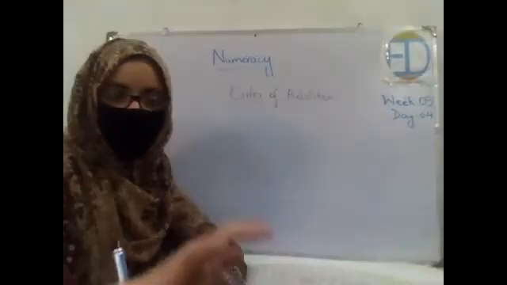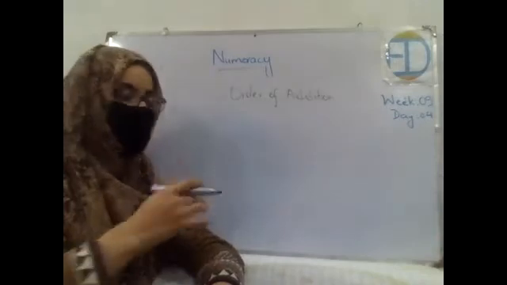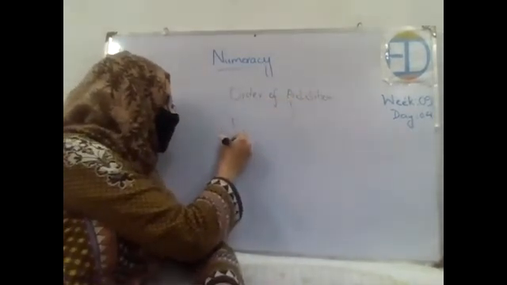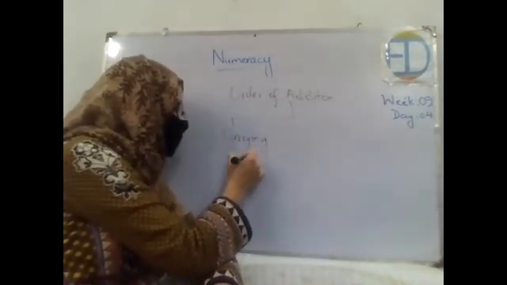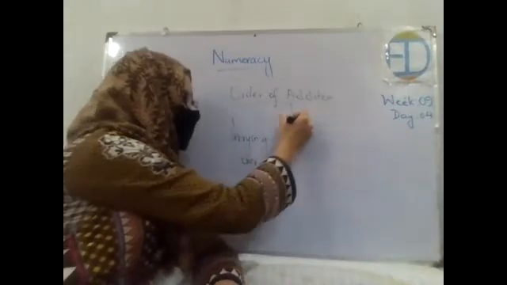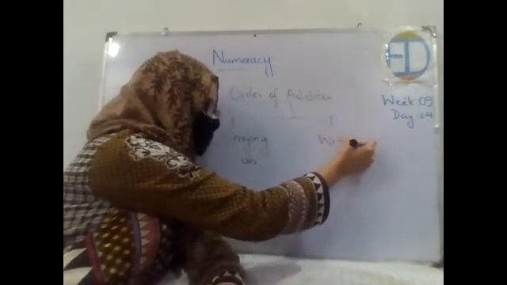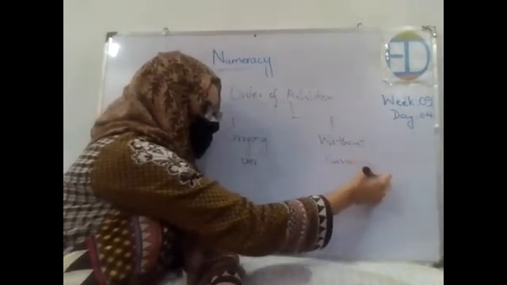Okay, so let me explain this to you more. In addition we have two types of questions: the one with carrying over and the other one without carrying over, right?